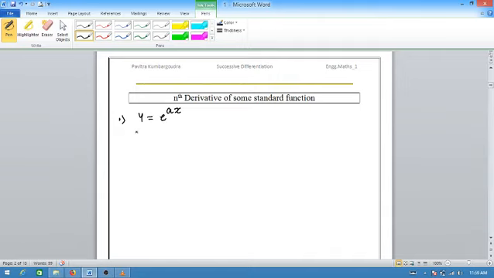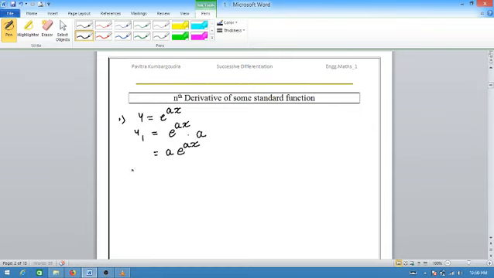So differentiating with respect to x, you will get y1 is equal to, differentiation of e power ax is e to the power of ax into differentiation of ax, which is a. Here I have applied the chain rule. So that is a into e to the power of ax, the differentiation for y is equal to e to the power of ax.